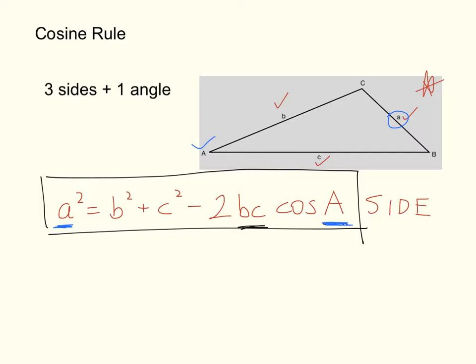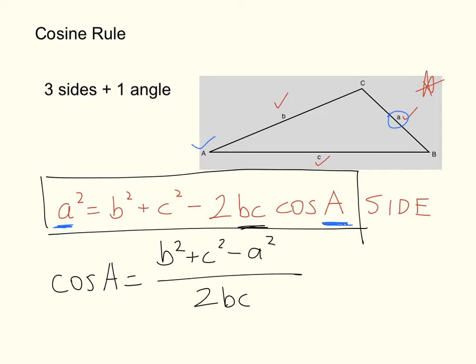The second way that we can represent this, if I'm finding an angle, is that cosine of A equals b squared plus c squared minus a squared over 2bc. Now again, you should notice some similarities there between our first version of the formula and the second.